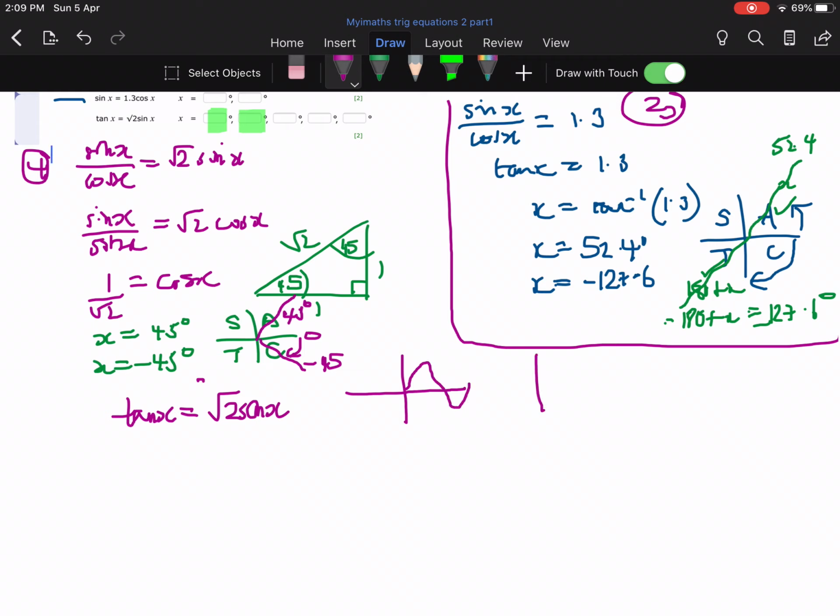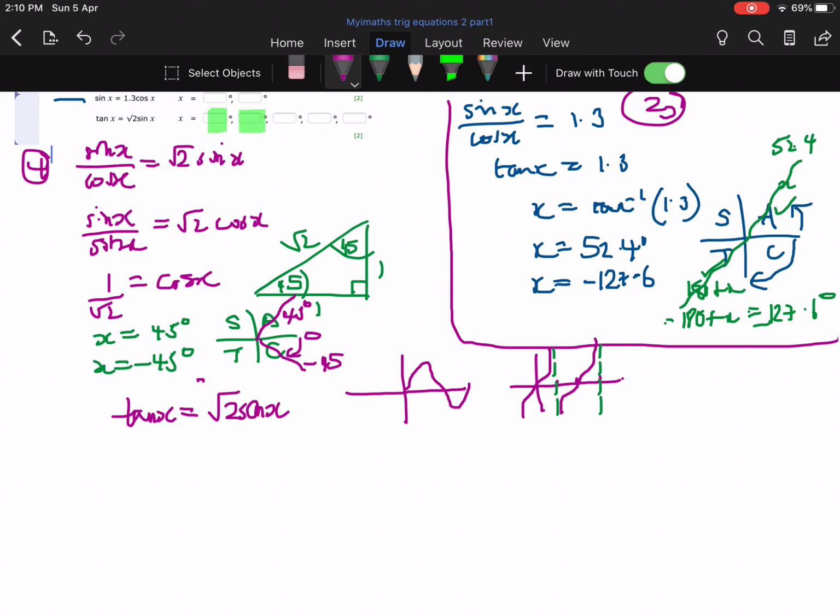And if you draw the tan graph, you should remember that on the tan graph, if I make that 180, 90, 270, 360, the tan graph has asymptotes at 90 and 270. But regardless of that, it comes up, goes in, and then back up.